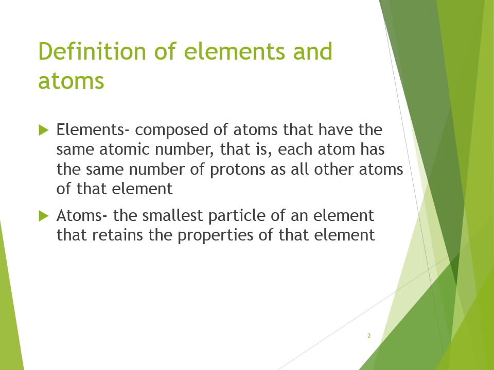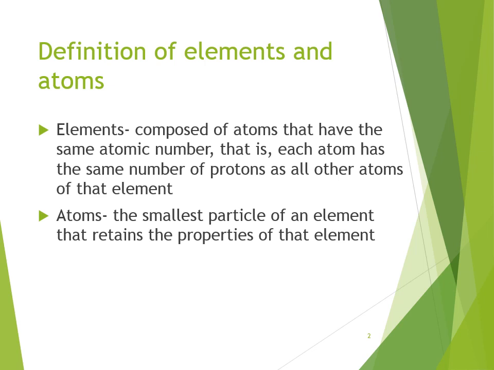So what we're trying to do is build off of that definition now and talk about elements in the form of atoms. Let's move down to the definition of atoms, and we'll get back to what exactly atomic number and protons are to help us understand the definition of elements further.